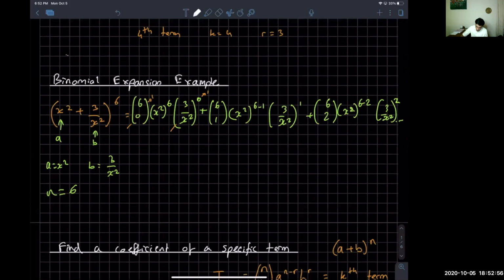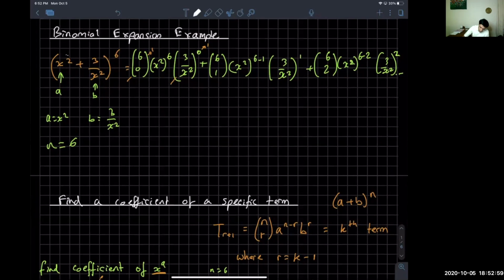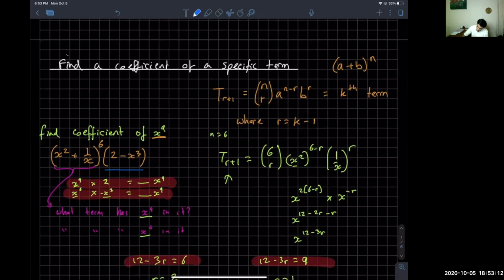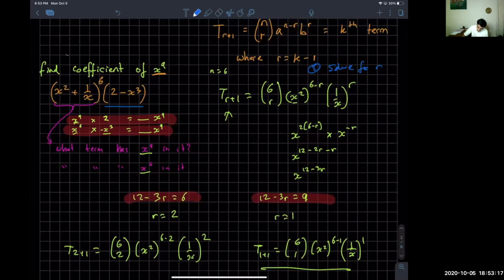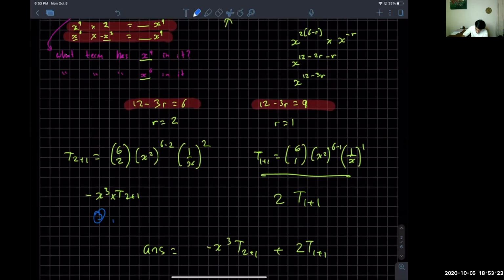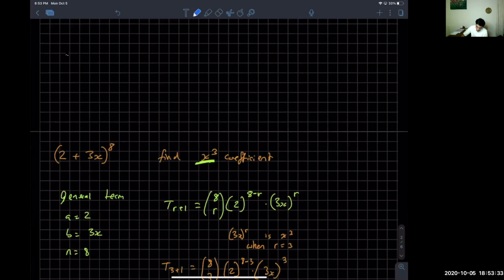If we go to the top, one thing we've done is 1, expansion, right? 2, we've done solve for R, and 3, we've done plug R to solve for coefficient, right?